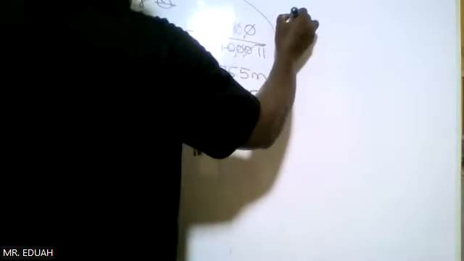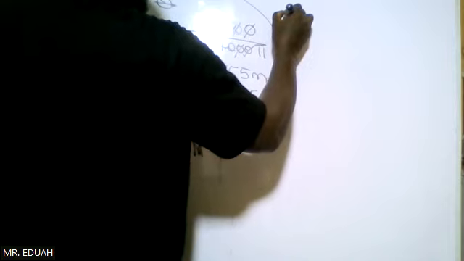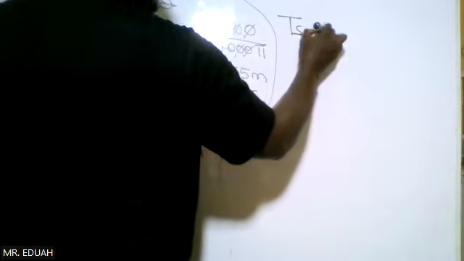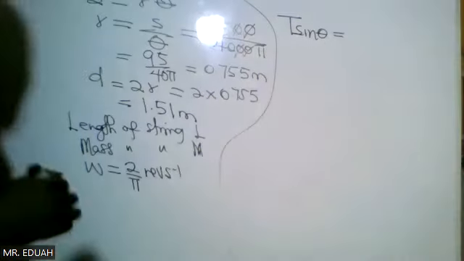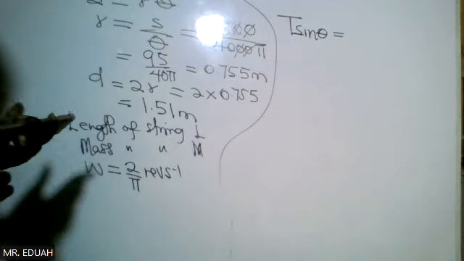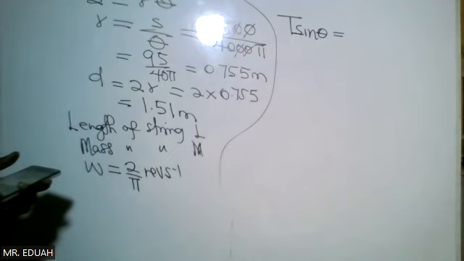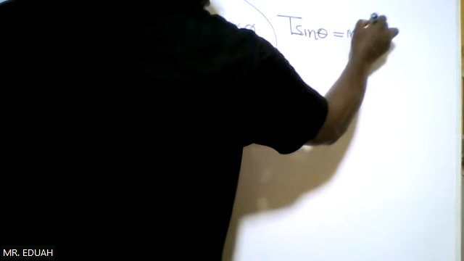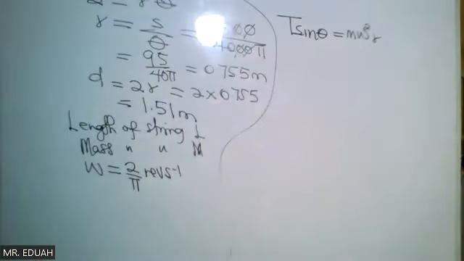And in a conical pendulum, T sine theta is equal to the centripetal force, M omega squared R, or mv squared over R.